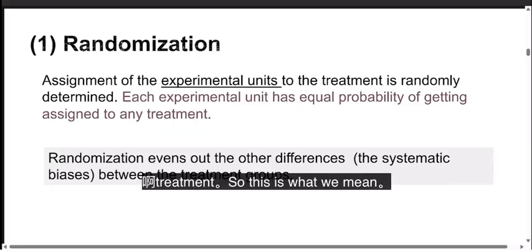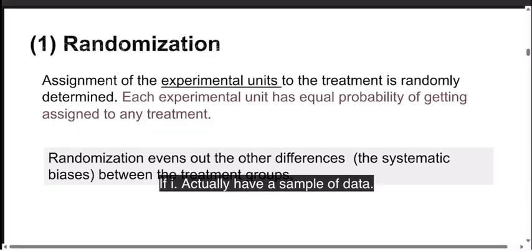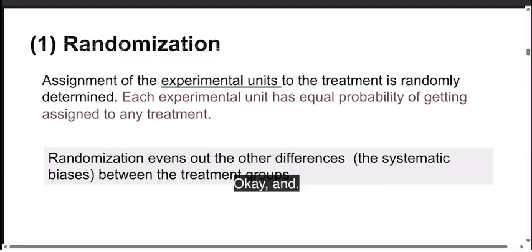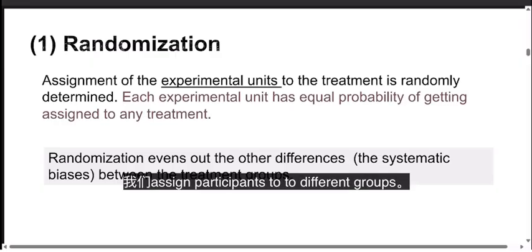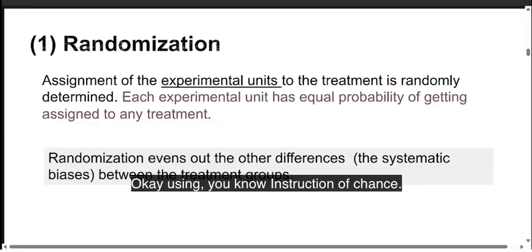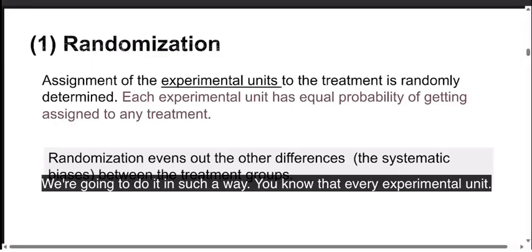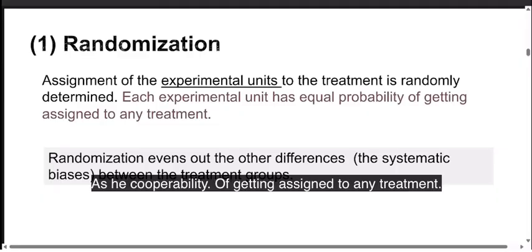This is what we mean: if I have a sample of data and I partition them into two groups, just like the way Pfizer did, we assign participants to different groups using equal chance. We do it in such a way that every experimental unit, that is the subject, has equal probability of being assigned to any treatment.